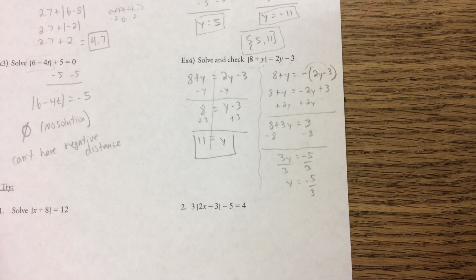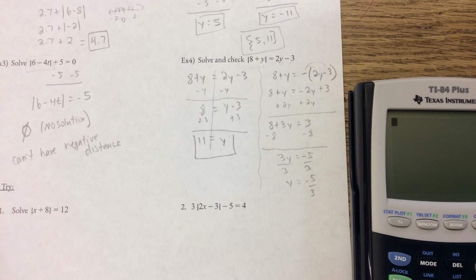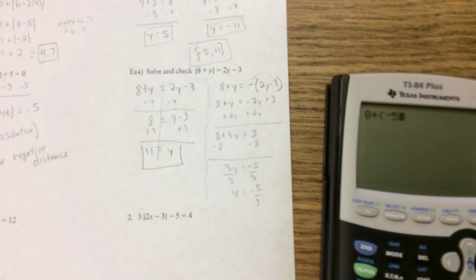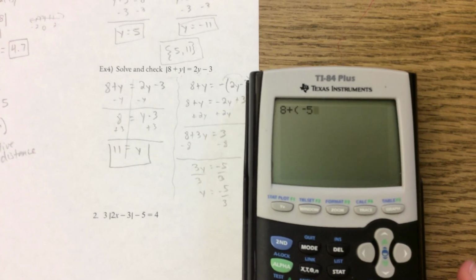That one works. Now I'm going to substitute the other one in using the calculator. So I would have 8 plus, and then the fraction I'm going to type in as division. That's how I'm typing in that fraction. That gives me 6 1/3.